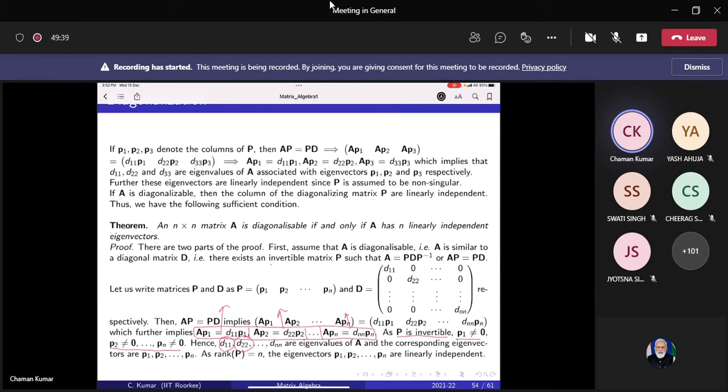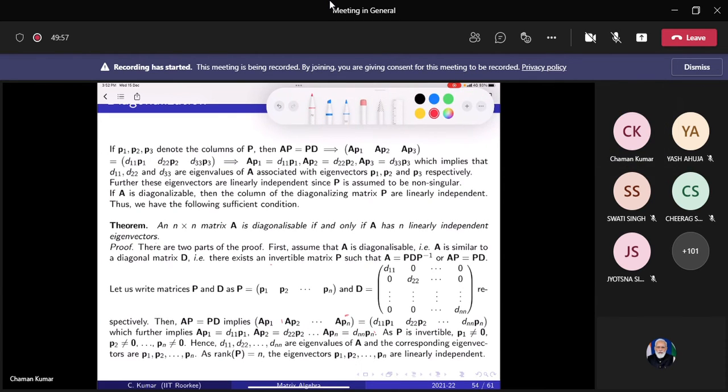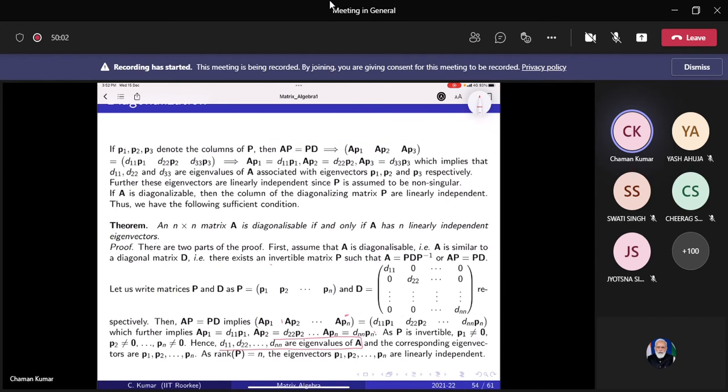So we can say that Dnn is an eigenvalue of the matrix A. From these equations, we can conclude that the eigenvalues of matrix A are D11, D22, so on to Dnn.